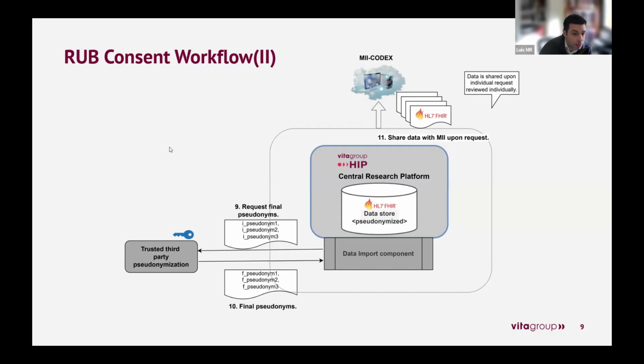This is because if we don't do this second-level pseudonymization, there's a potential that the export component could re-identify the patients that are in the central research platform, since it has both the IDs and the interim pseudonym. So with this second pseudonymization process, we make sure that only the trusted third party can potentially do the linkage between the pseudonym and the real ID of the patient.